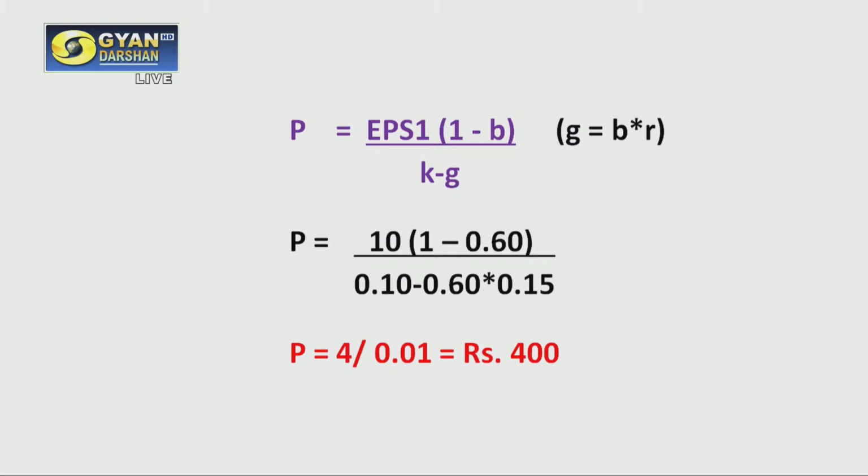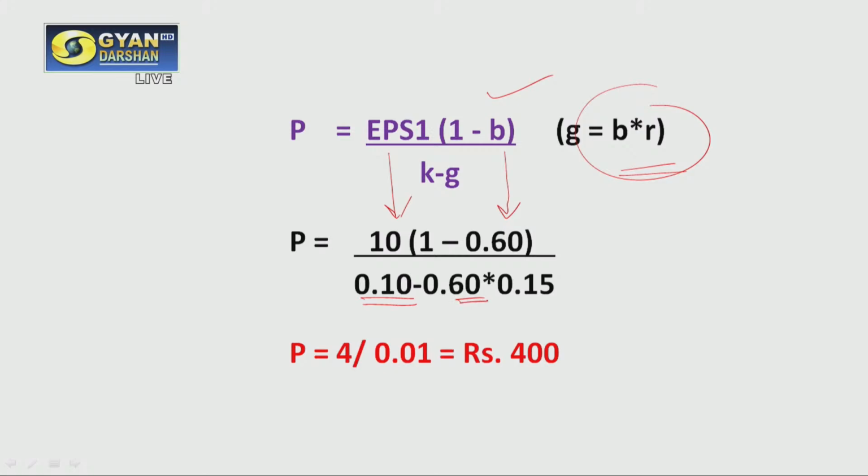So let us see how we can calculate the value of first cell. We have this formula of Gordon's model. EPS in our question is rupees 10. So EPS is replaced by 10. B, that is retention ratio, is 60% in first case. K, that is cost of capital, minus G. What is G? G is retention ratio multiplied by rate of return.